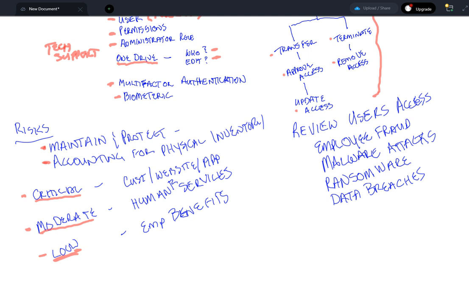So when we look at risks in conjunction with user access, we want to prevent these kinds of risks from happening. Number one is employee fraud. That's where an employee takes from the company. Number two is malware attacks, where somebody baits us with a file in an email that we don't know where it came from, and it turns into malware, and it's malicious and attacks us.